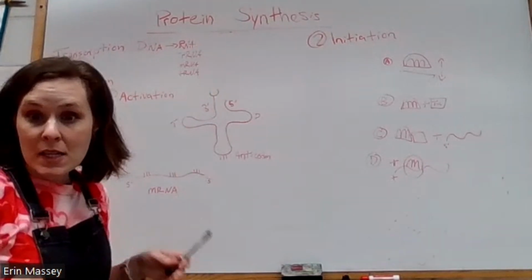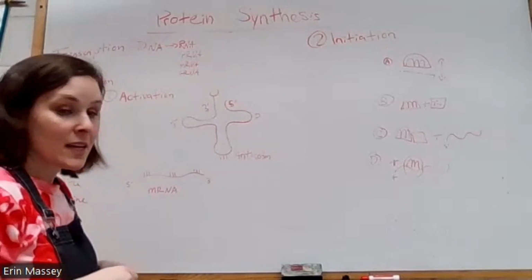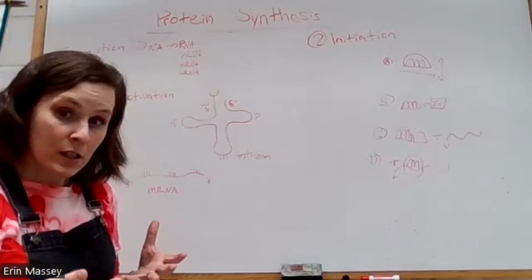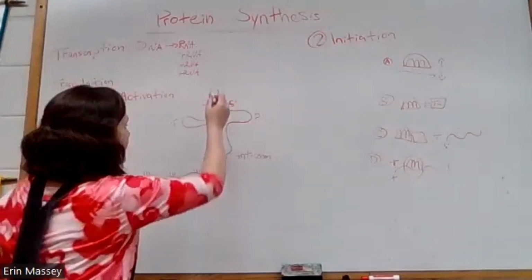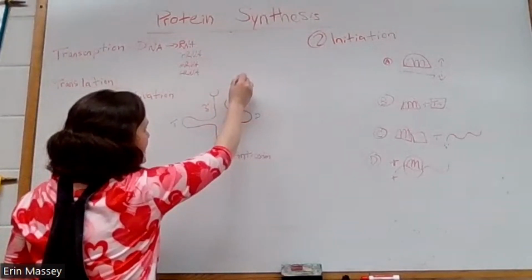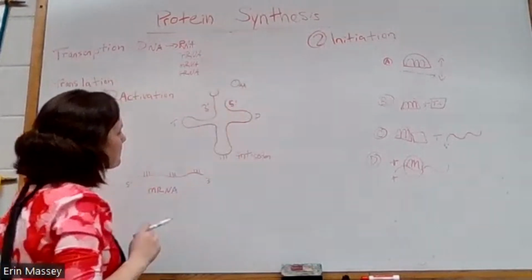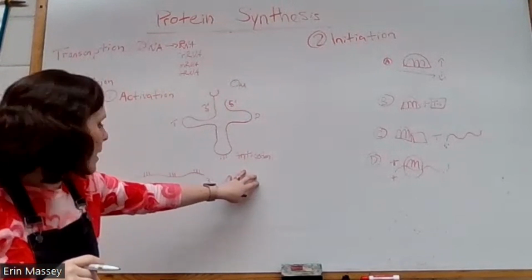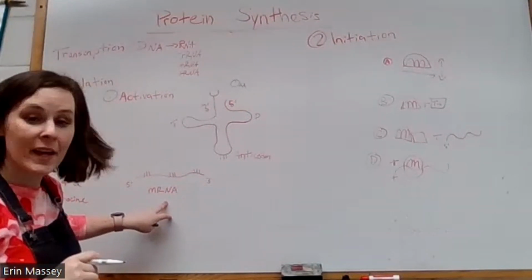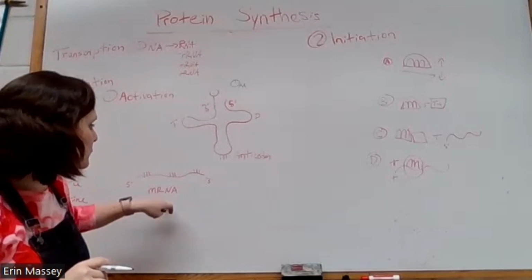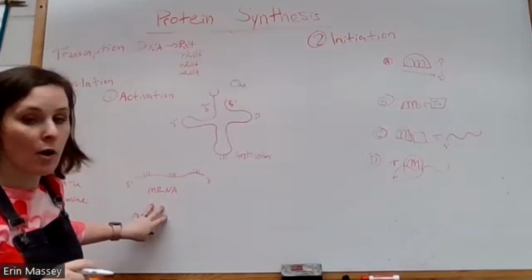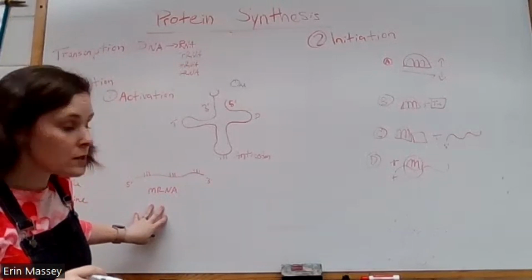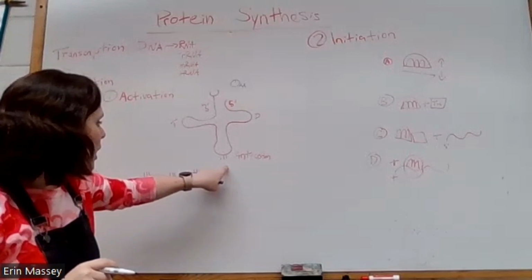So what is tRNA, also known as transfer RNA, responsible for? Transferring the amino acid and the anticodon that matches with the mRNA, messenger RNA. Anticodons and mRNA are going to be complements of each other.